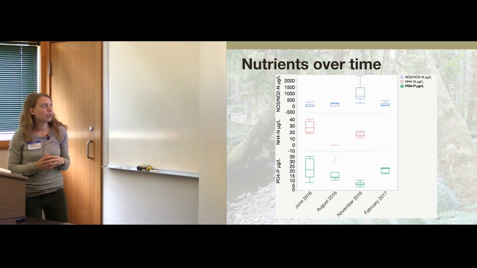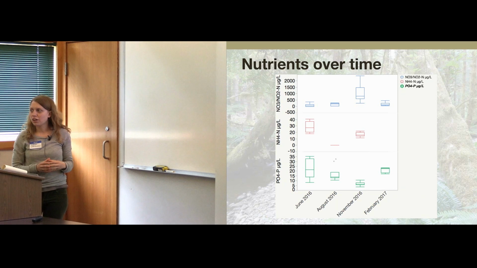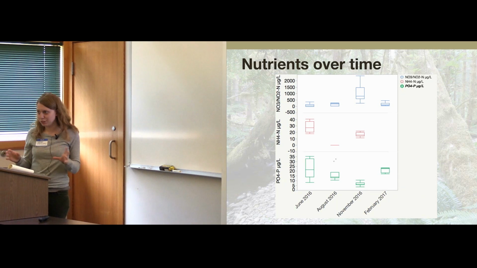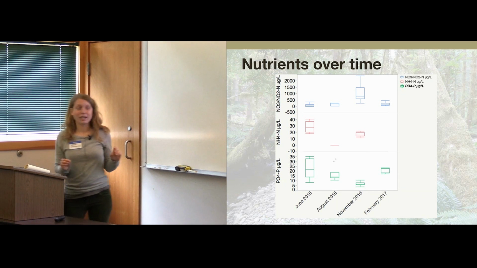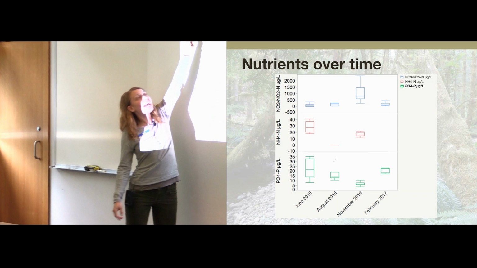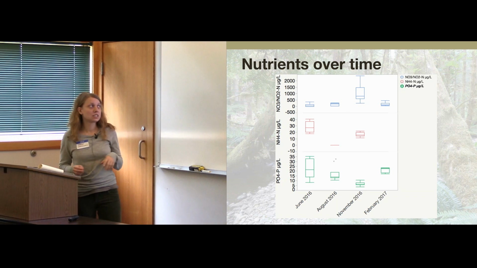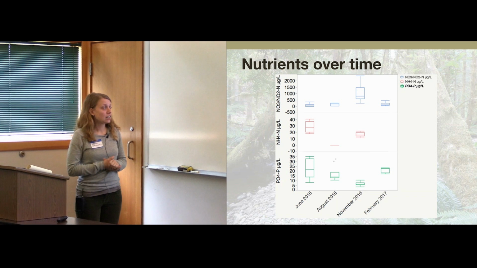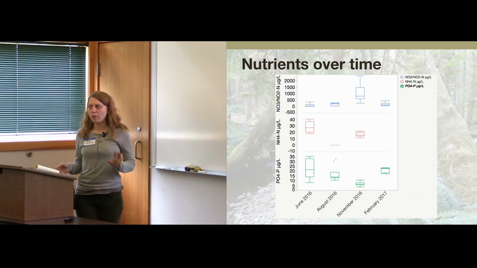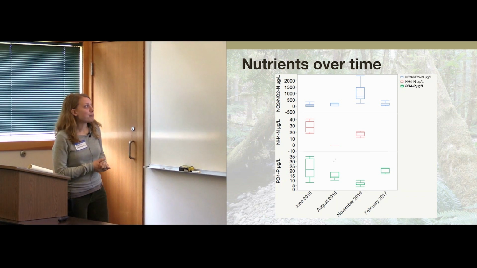So remember the range of nitrate in the streams was low, but 200 was the maximum in natural rivers. And here we're seeing a 10-fold increase from natural rivers at these sites. And I'll talk a little bit more about why I think that is later.